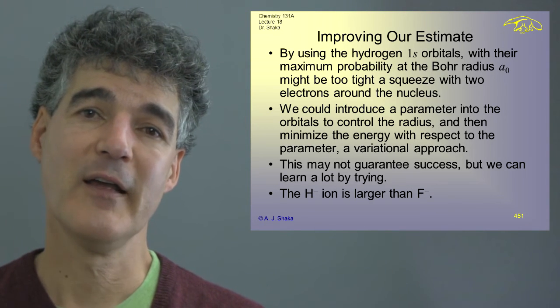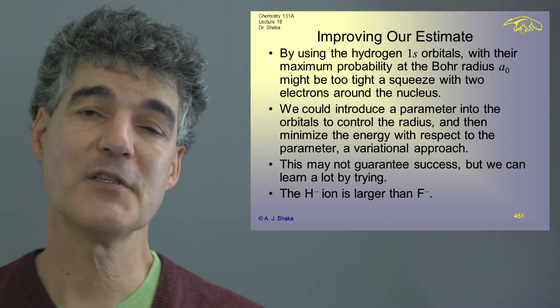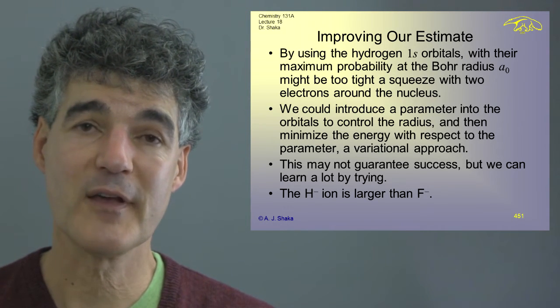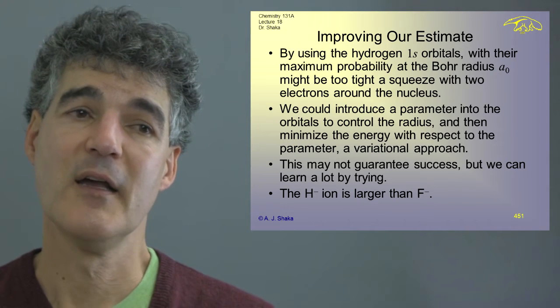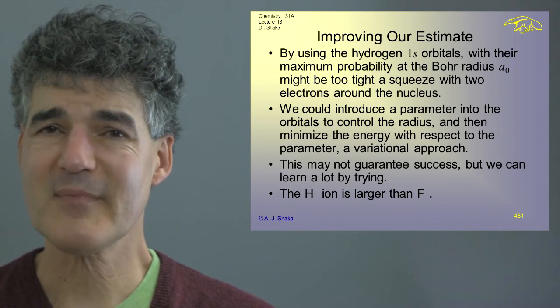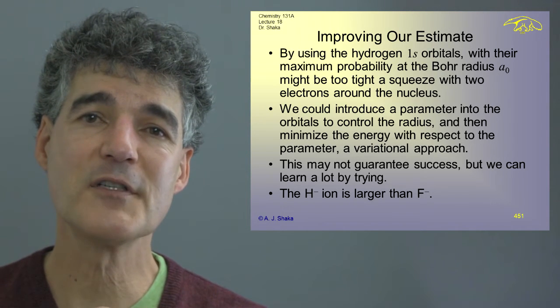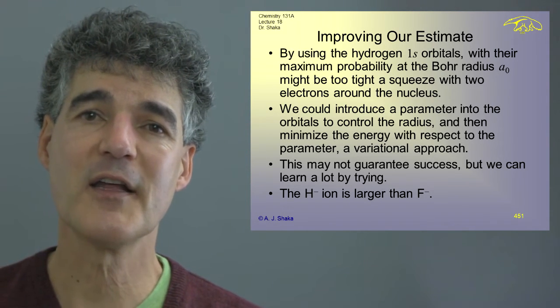And therefore, we would expect, because of the electron-electron repulsion, among other things, it puffs it up. We would expect that it might be too tight a squeeze to just sit there with the hydrogen wave functions and just calculate a correction.